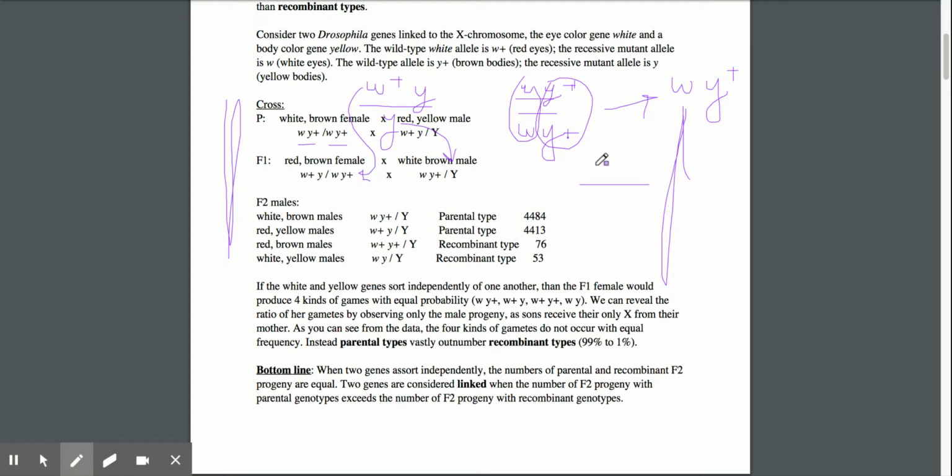So the daughters are the dihybrid, and they're going to have a recessive mutant for white and the dominant wild type for yellow on one of their X chromosomes. And on the other chromosome that they got from mom, they're going to have the dominant wild type red-eyed for the white allele and the recessive yellow body. So she is in trans.